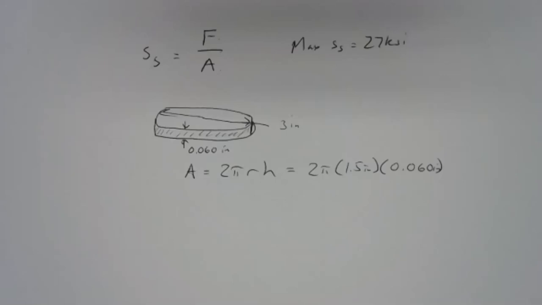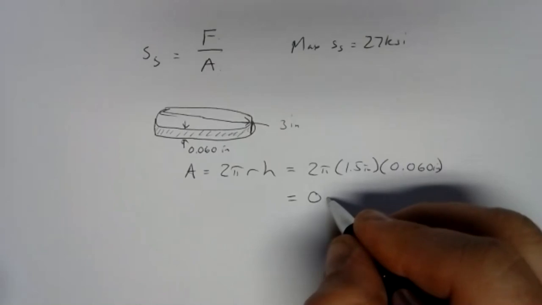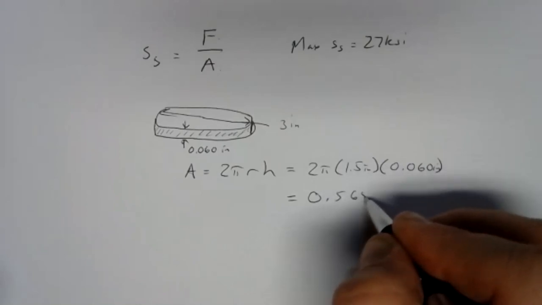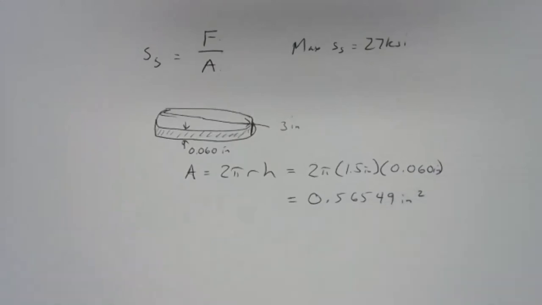And let's see here. Looks like that comes out to be just a little above half a square inch, 0.56549 square inches. So that's the area we've got to deal with.